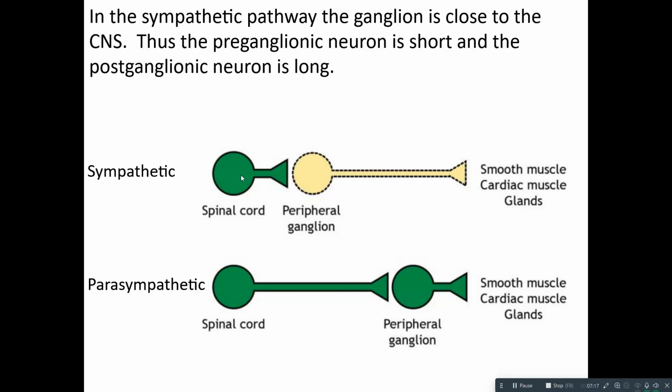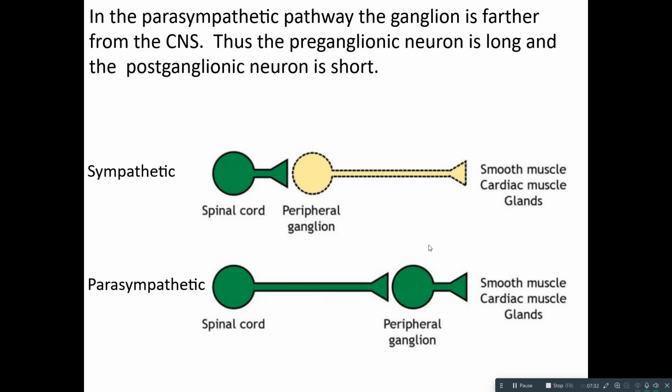Now also notice that in the sympathetic pathway, the preganglionic neuron is short, postganglionic is long, and this is flip-flopped for the parasympathetic pathway. Preganglionic is long, postganglionic is short. So just kind of reiterating what I just said.